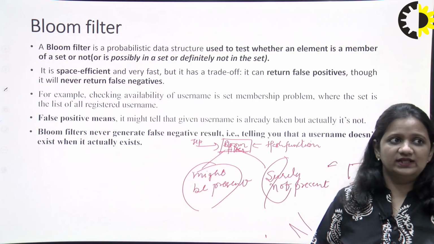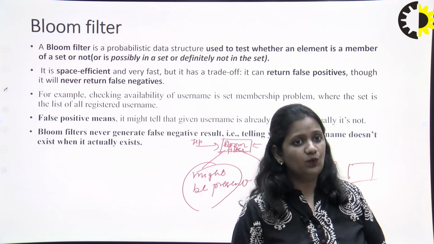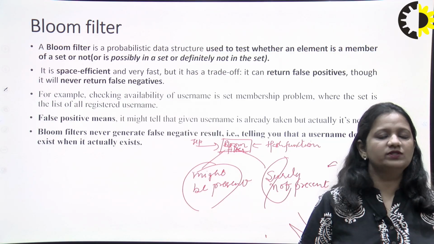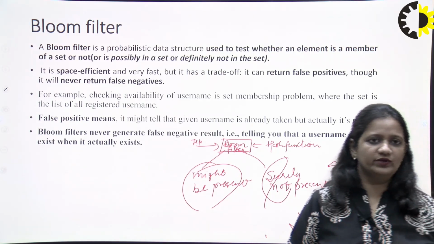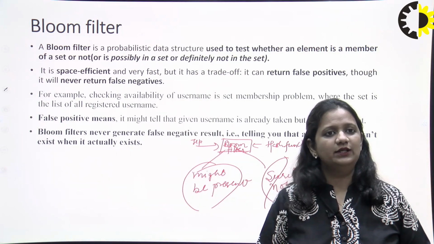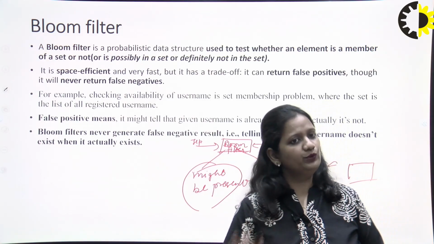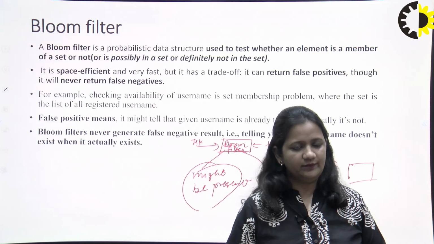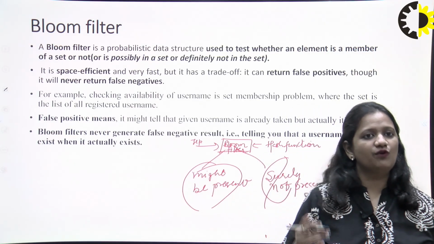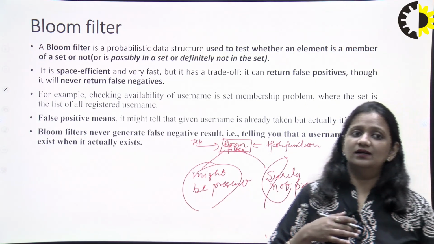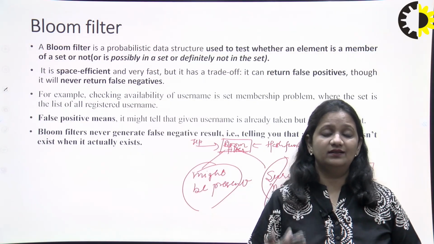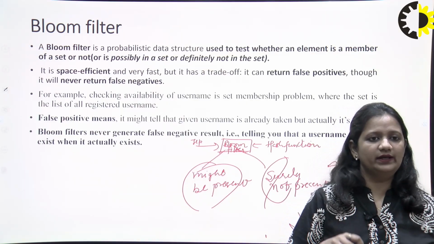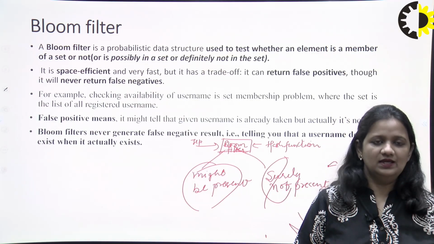What I want to say is that if you are signing up on a website and a username is already present, then a Bloom filter will never generate a false negative result. It cannot state that the username is not present.